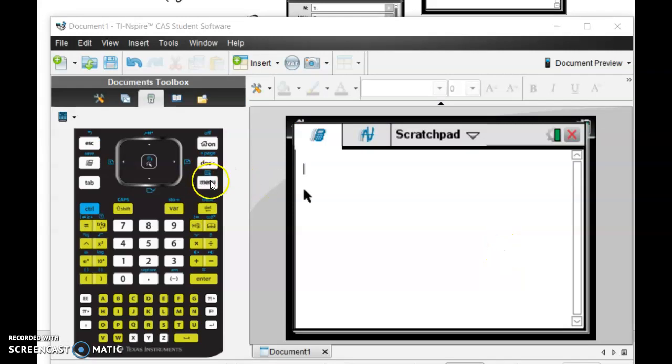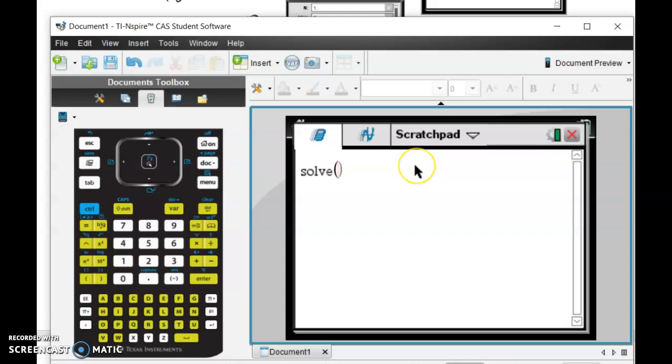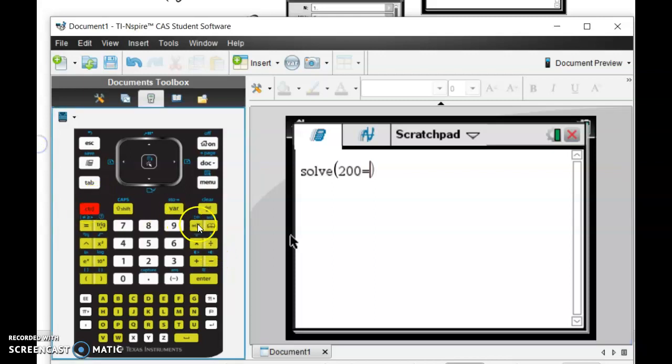All right, so the solve function: menu, algebra, solve. Let's type in our equation. So $200 was the payment, and we're doing it as a fraction. We've got 4.2 divided by 12 because it compounds monthly, over the 100. Then we're going to multiply that by V because we don't know what V is.